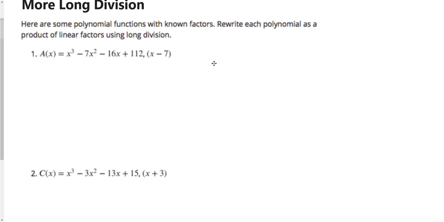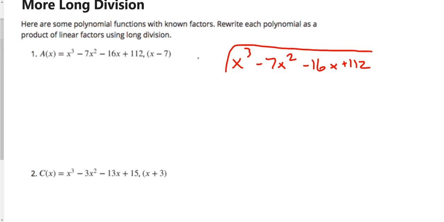Let's write it down. We have x to the third minus 7x squared minus 16x plus 112. Okay. And we're going to divide by x minus 7. All right. So remember, divide, multiply, subtract, drop, repeat.